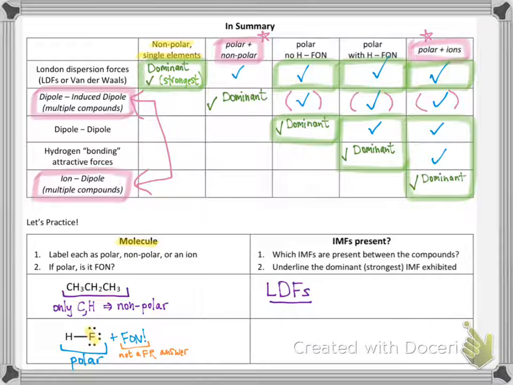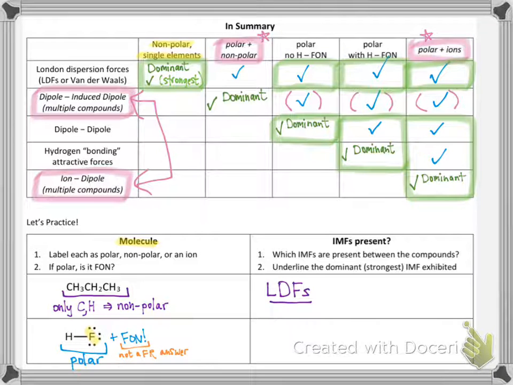By the way, please do not use the fun as a free response explanation. It is a great trick to remember which things have to be chemically bonded to hydrogen to have hydrogen bonding. But if you start explaining, well, it's totally having fun, no one's going to really know what you're saying. So remember, quick memory trick, not an explanation.